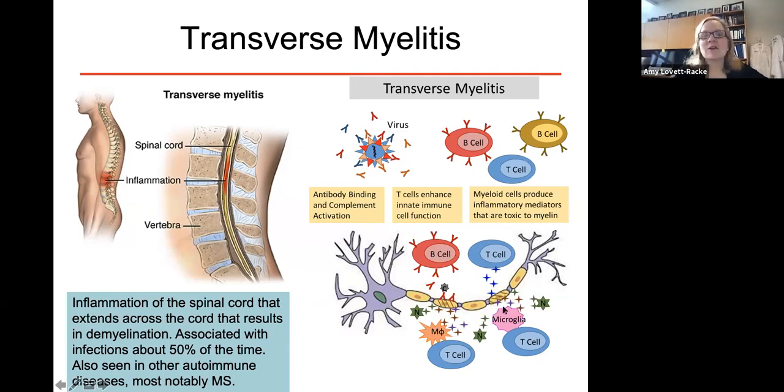It can also be mediated by inflammatory mediators like cytokines and reactive oxygen species produced by microglia and macrophages at the site of the inflammation. So the patients are treated with robust anti-inflammatory drugs to reduce the inflammation and allow for remyelination to occur.